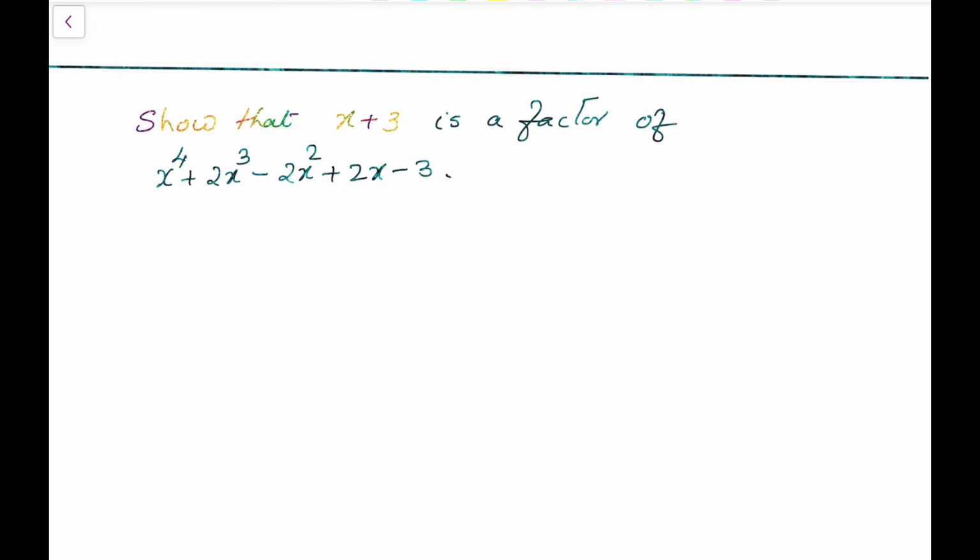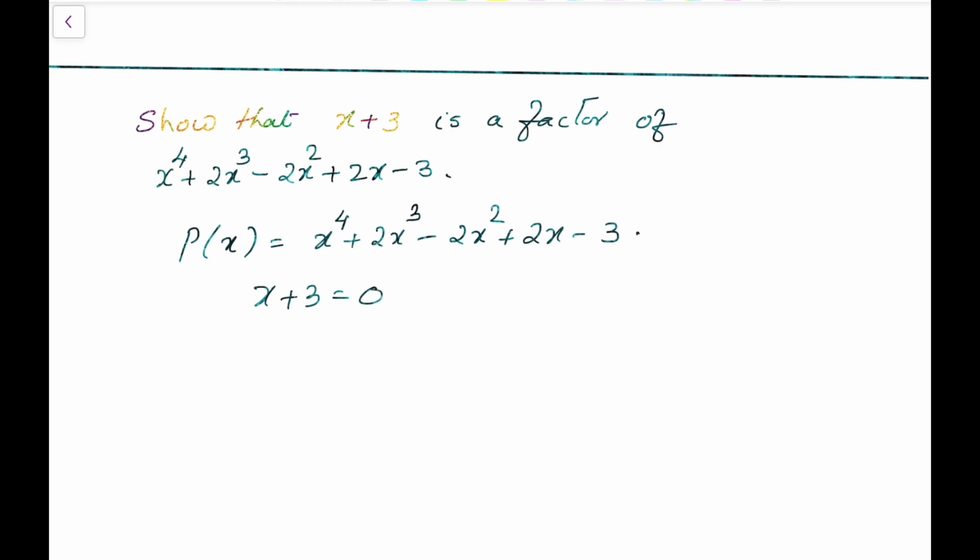Now in this question you have to show x plus 3 is a factor of this polynomial. Let p of x be equal to x to the power of 4 plus 2x cube minus 2x squared plus 2x minus 3. Now equate x plus 3 equal to 0.